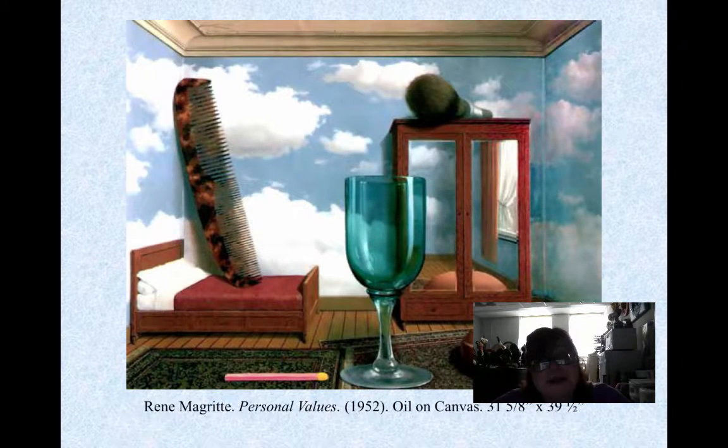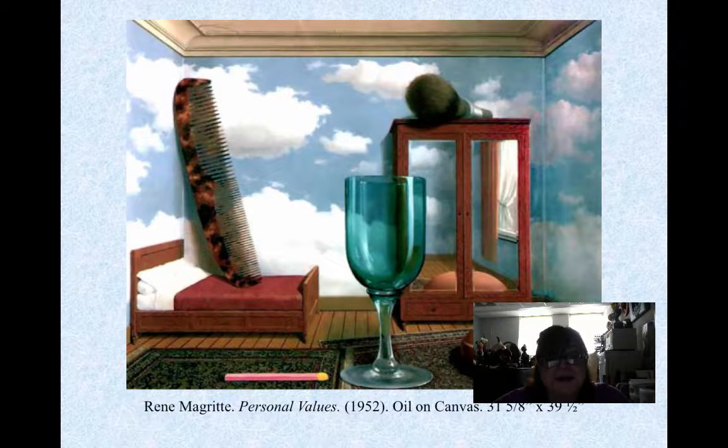And then sometimes artists will subvert the idea of size. So this is by the artist Rene Magritte. And I know some of you have said you really like the Surrealists and you love Salvador Dali. So Rene Magritte is one of the Surrealists. And surreal, again, comes from the French word super real, and they like to take real objects and place them in ways that you wouldn't ordinarily see them.